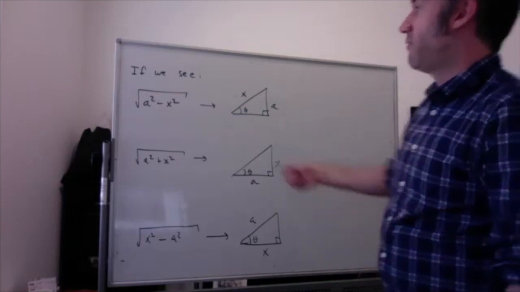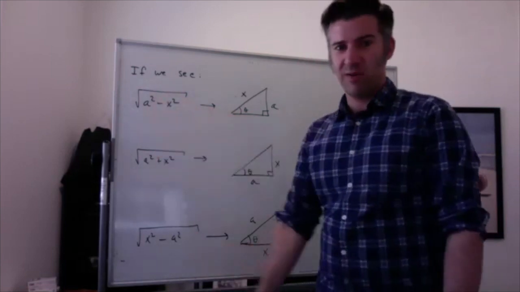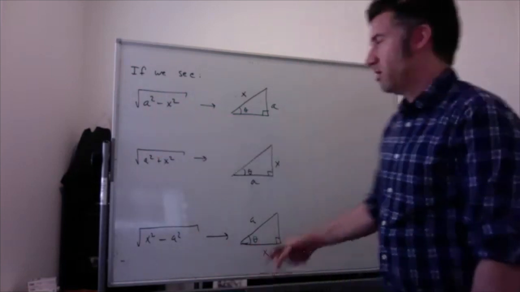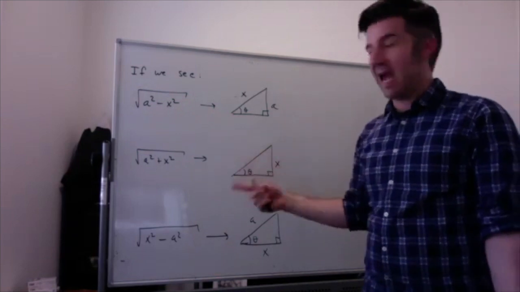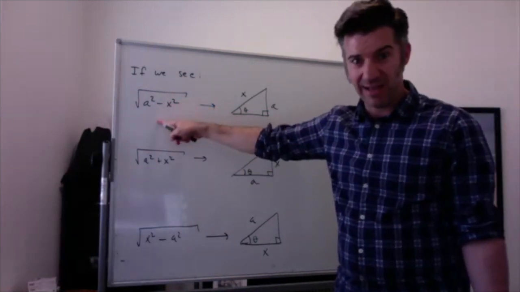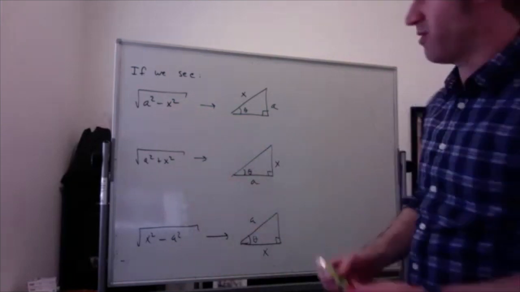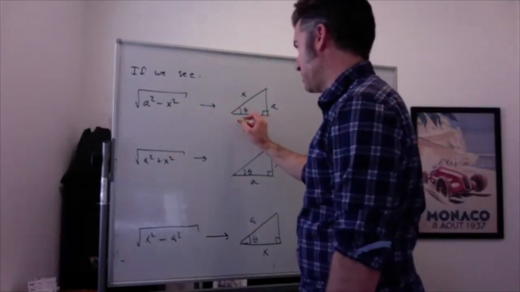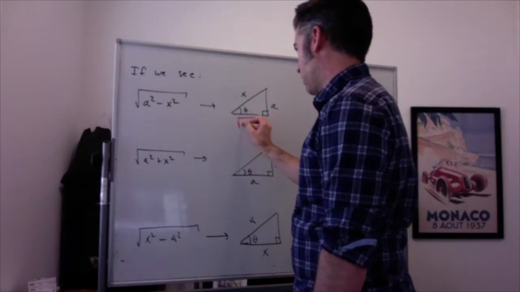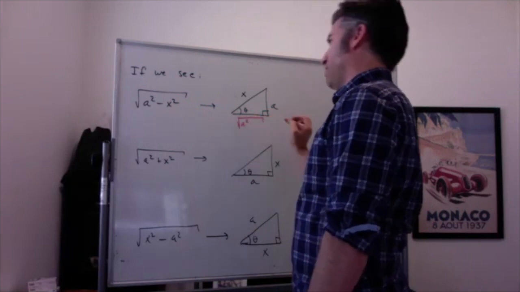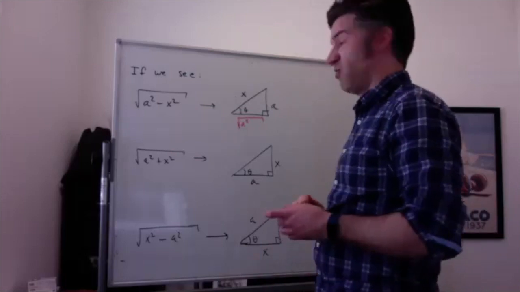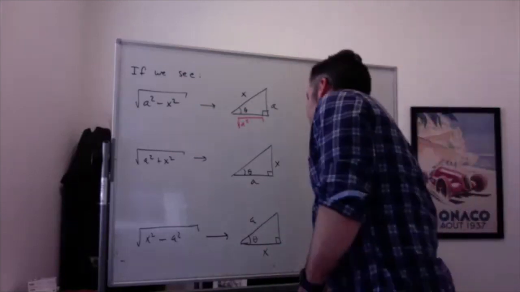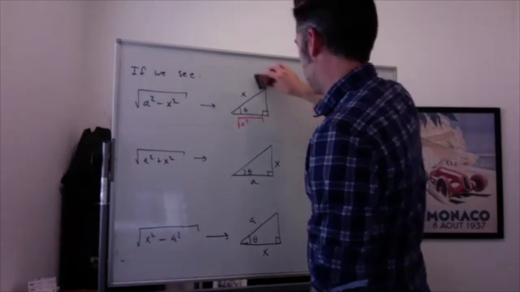So if we see a square root of a squared minus x squared, we know this is going to be our triangle because we know the third side has to be that. If you use the Pythagorean theorem, this side has to be the square root of a squared minus x squared. Yeah, except I did it wrong. Sorry, because I'm a dork.